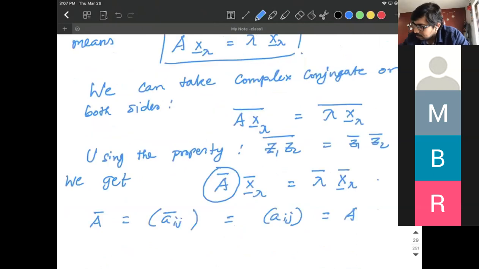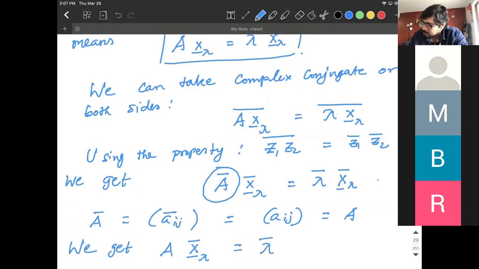Hence, we are almost there. So what do we have? We get A times this particular vector, which is obtained by taking the complex conjugate, equals lambda bar times the same vector.